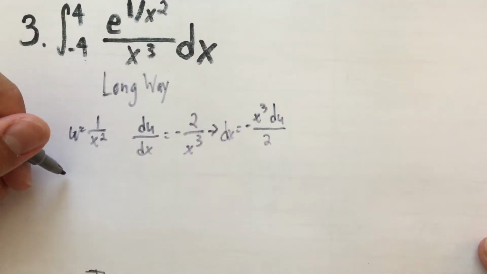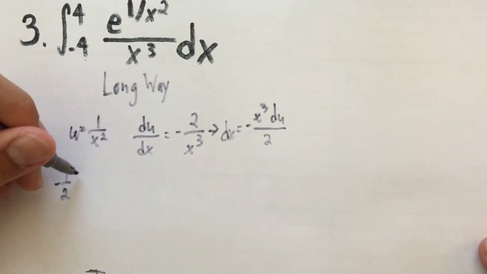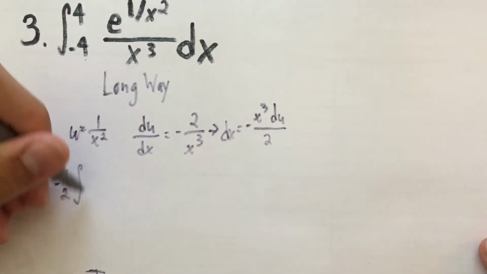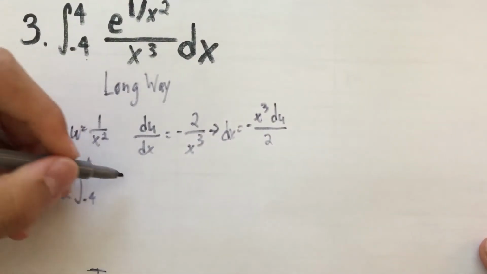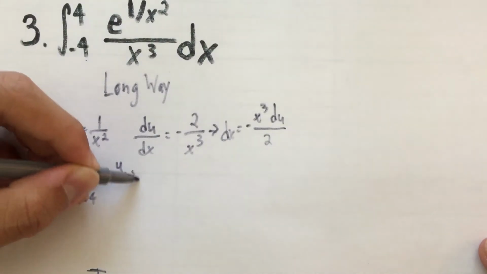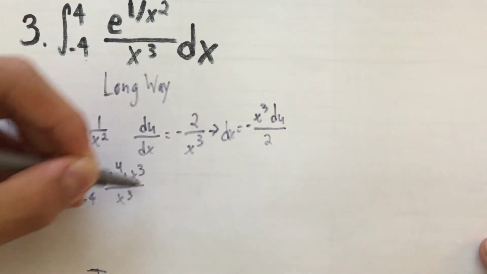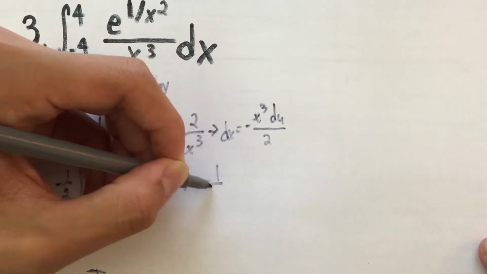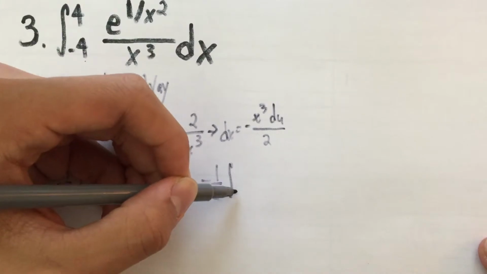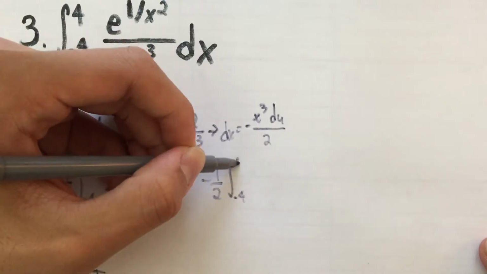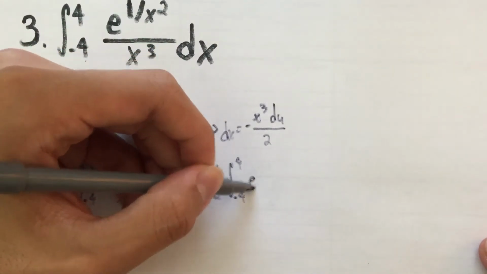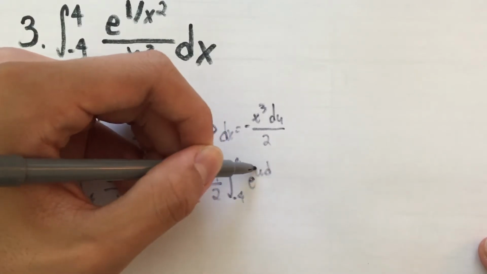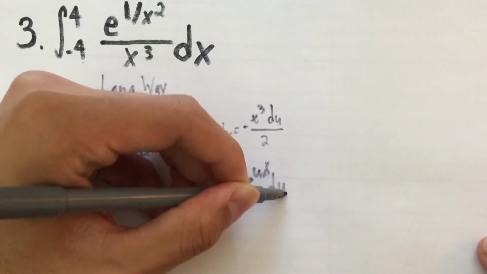So when we write that out over here, we have -1/2 times the integral from -4 to 4 of e to the u times x cubed over x cubed du. These cancel out, and the final integral is -1/2 times the integral from -4 to 4 of e to the u du.